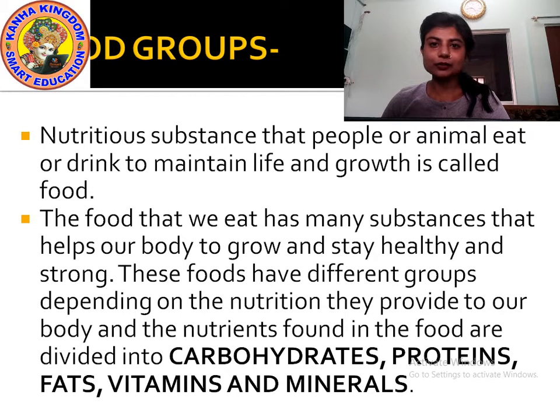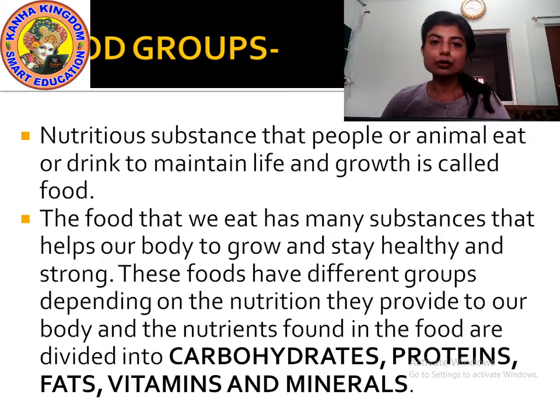Understood? Food is a nutritious substance that we eat every day in order to maintain our life and to grow. We need to grow, we need to live. So for that, what do we need to have? We need to eat food every day. Nutritious food, healthy food, okay?